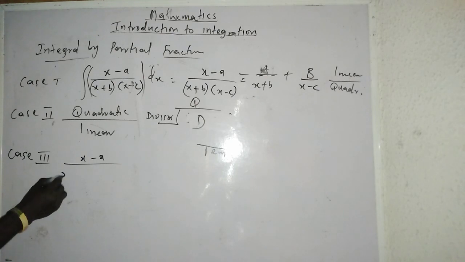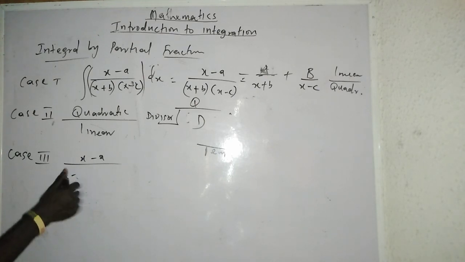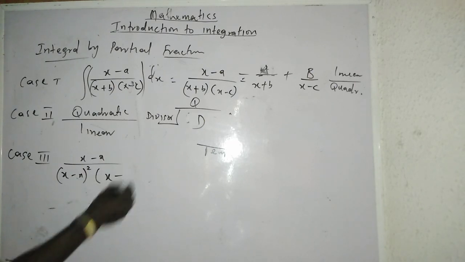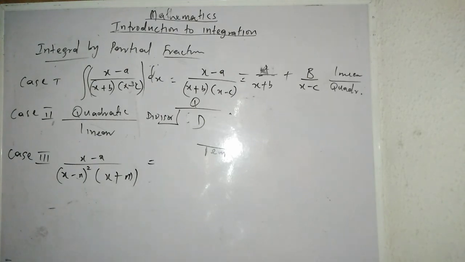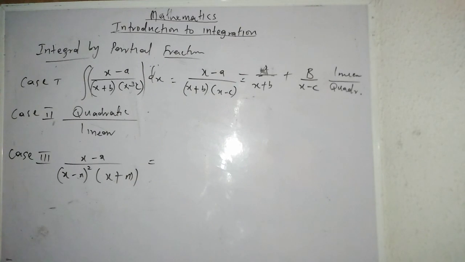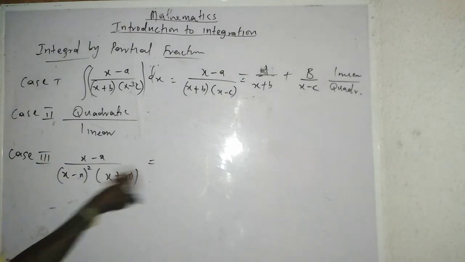It means there is a gap: S minus N all squared, bracket of X plus M. If I have this case, there is a gap here. This is a linear, and this is, I think, a quadratic polynomial. Polynomial of 3.